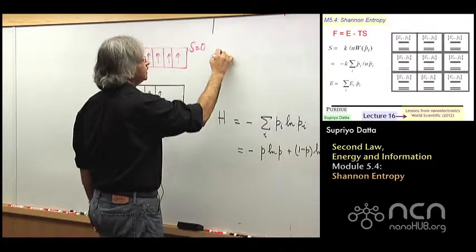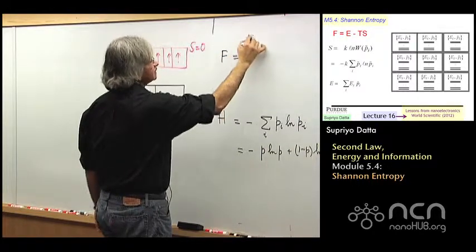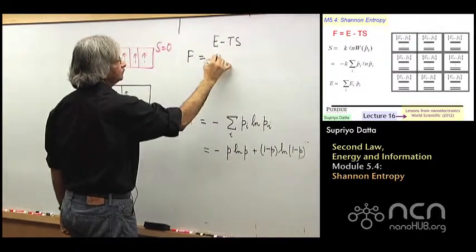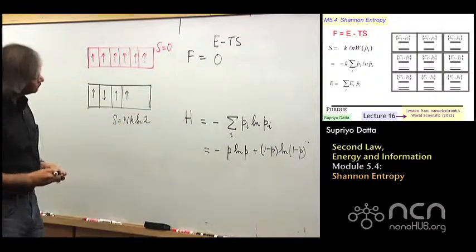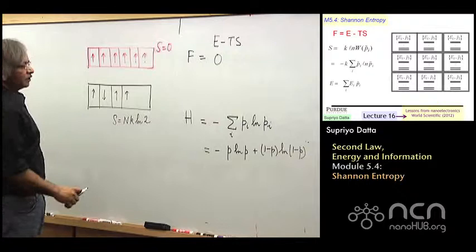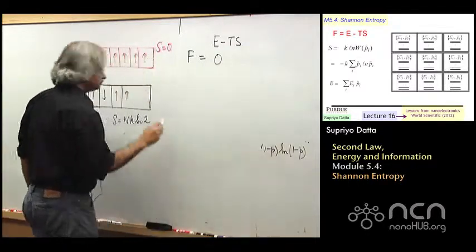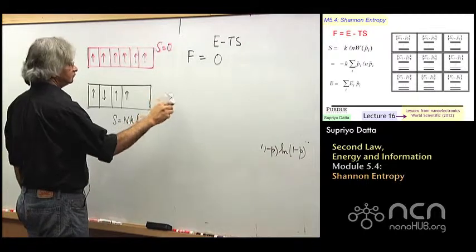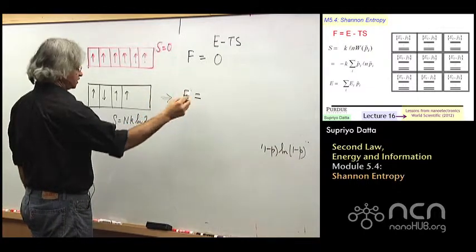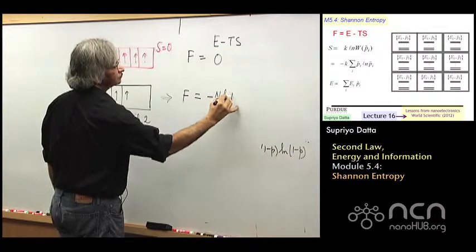So here, the free energy was again E minus TS. So that's 0 in this case. Whereas here, if you looked at the free energy, it would be E minus TS, it would be like minus nkT log 2.